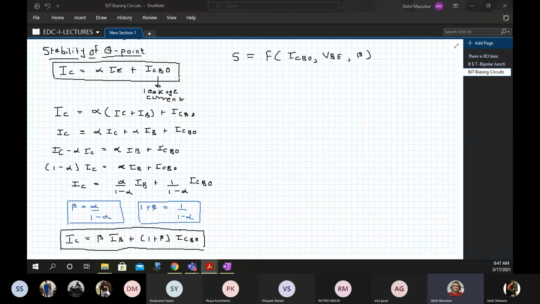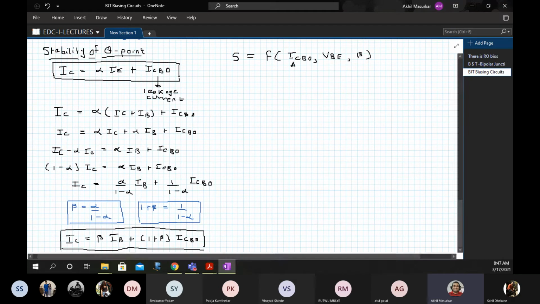That temperature term is in the numerator, so if the temperature increases, VBE is going to decrease. And ICBO, the reverse saturation current, doubles in value for every 10 degree rise in temperature. At the most there can be around 50 to 60 degree rise in temperature in any electronic circuit, and the one which is doubling is ICBO.